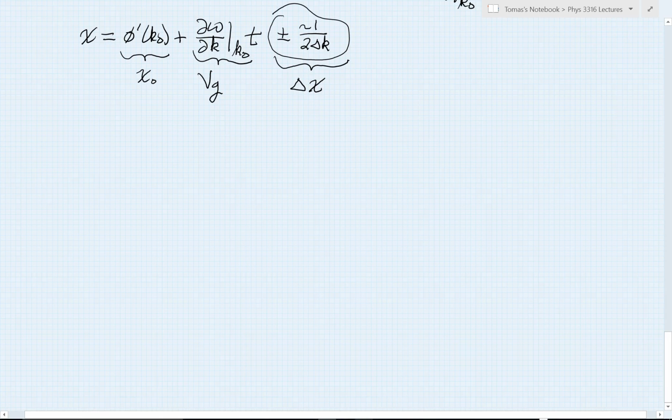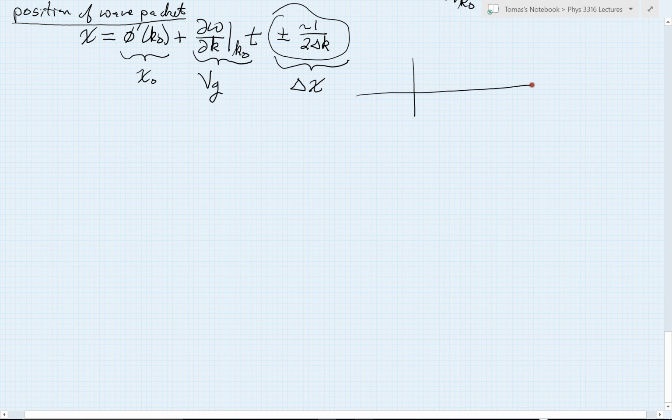So, from stationary phase, we have this very nice result for the position of a wave packet. And the idea now is to ask ourselves, we've seen we can make a wave packet. Here, I'm going to draw what my wave packet's doing. I'm drawing a picture here of psi of x and t.